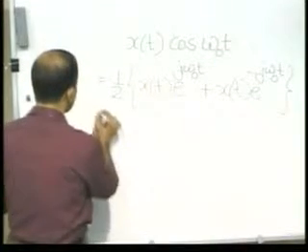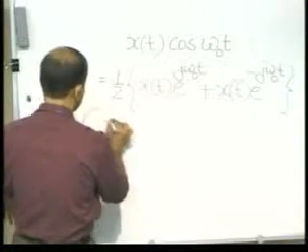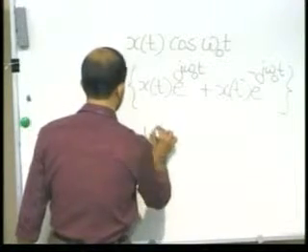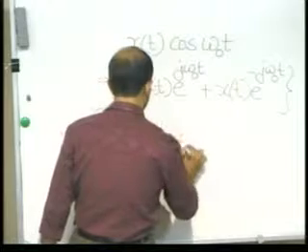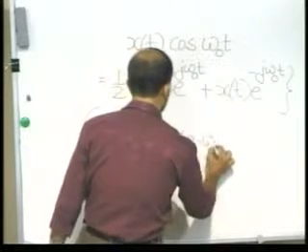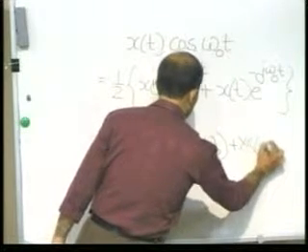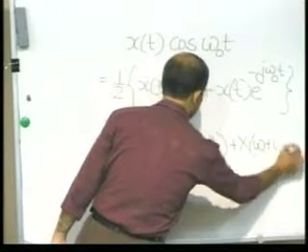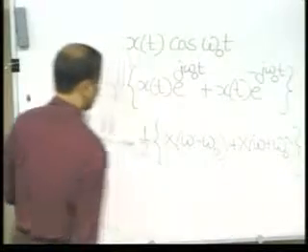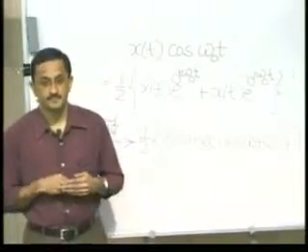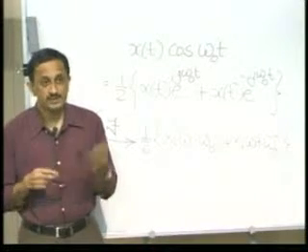And what is the Fourier transform of this? Half X(omega minus omega naught) plus X(omega plus omega naught). What does it mean?